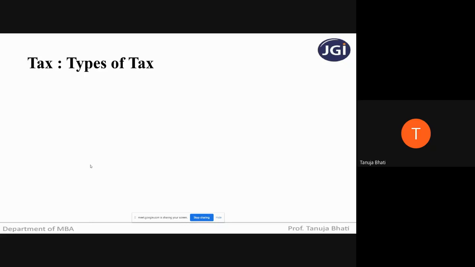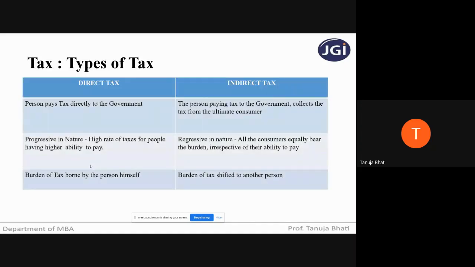And when the government collects the tax indirectly from the customers, consumers, persons, it is called indirect tax. So remember students, what is tax? A financial charge that is collected and levied by the government, and it collects the tax in two forms, directly and indirectly. So there are two types of taxes, direct tax and indirect tax.